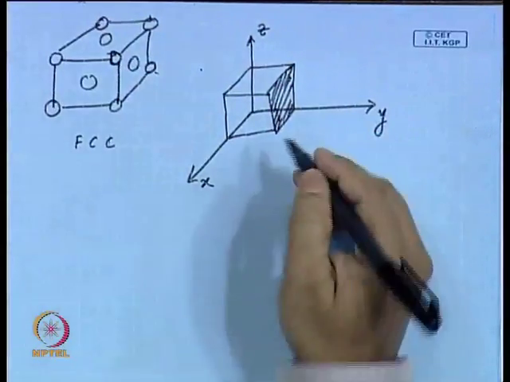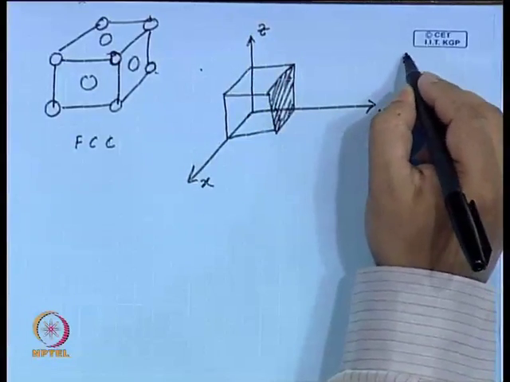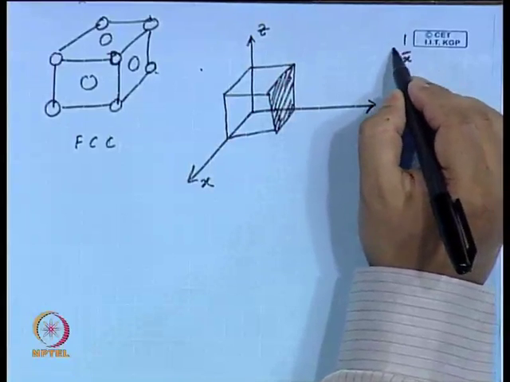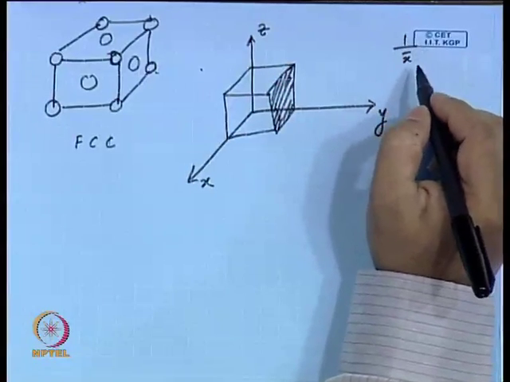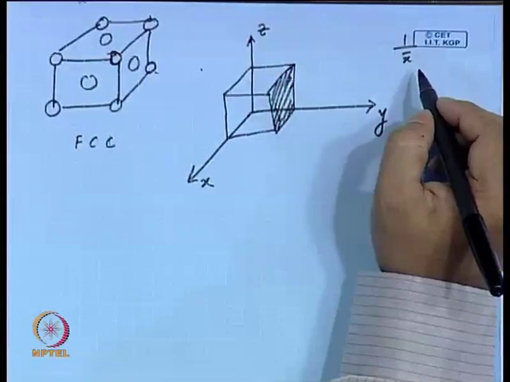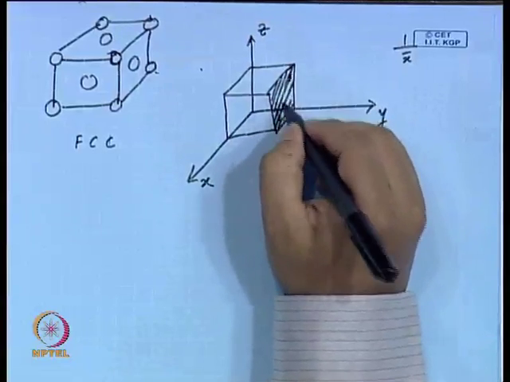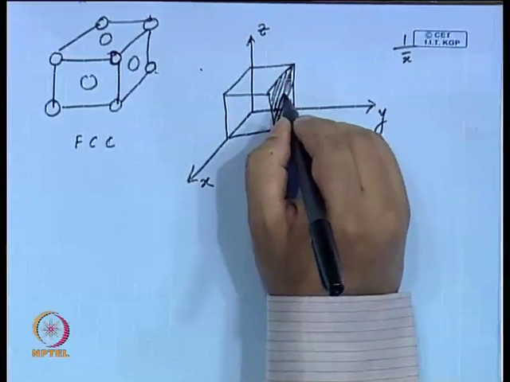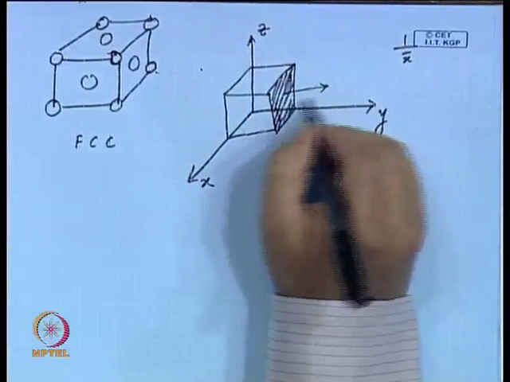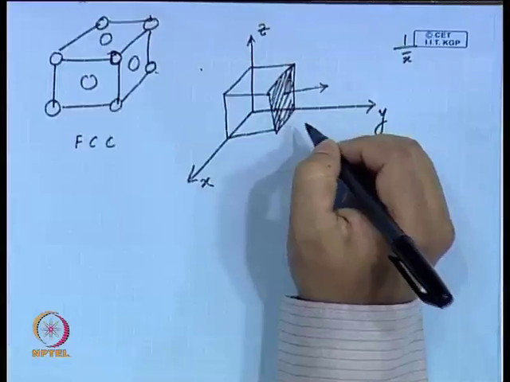Suppose it cuts at, say, x bar location, then we write 1 by x bar as the x component of this Miller index. That means, what would be this plane? Typically, when it comes to a plane, if we assign a vector to it, we write it perpendicular to this plane, that we refer as the direction as far as this plane is concerned.